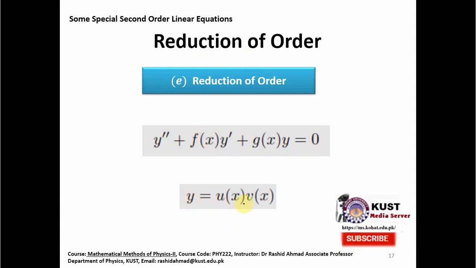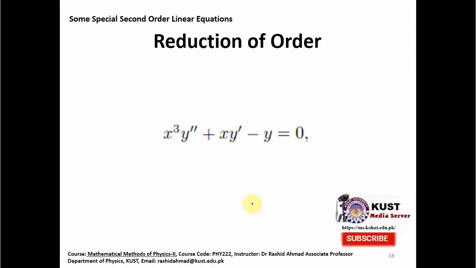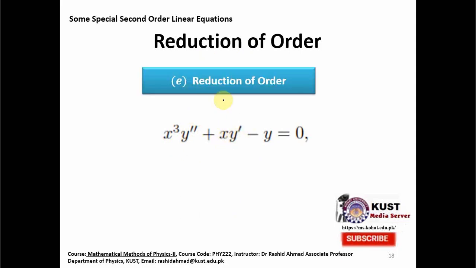For example, if we put y equal to u of x times v of x, then this will reduce to this form, x cube y double prime plus xy. This is an example of such an equation, which is multiplied by some function of x with the first term and some function of x with the second term.